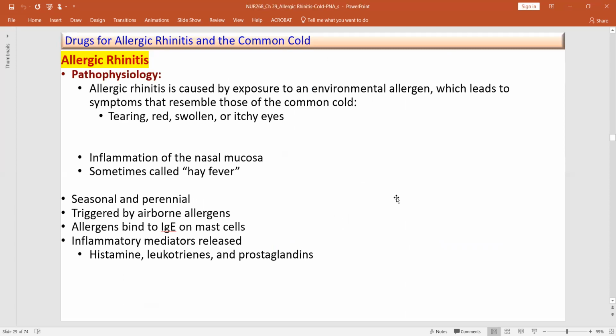So let's start with allergic rhinitis. This is the pathophysiology, in which the patient would have sneezing, nasal itching or congestion, and post-nasal drip. Post-nasal drip occurs when the mucus flows backwards down to the throat, so that's just one of the factors associated with allergic rhinitis.